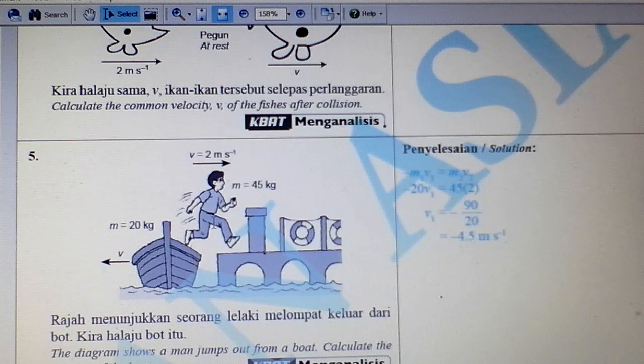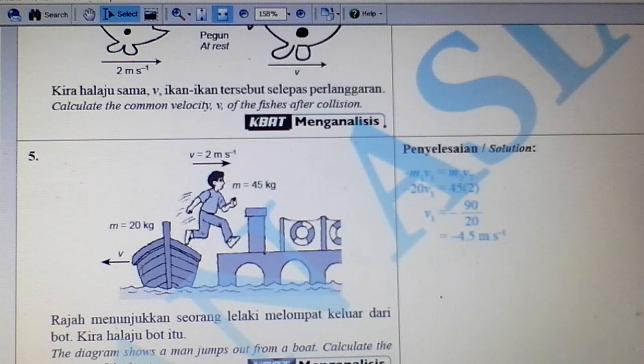Initially, before the man jumps, the man is standing at rest in the boat, meaning total momentum before is 0. So this is an explosion. Or we can say that m1 v1 plus m2 v2 equals 0, or negative m1 v1 equals m2 v2.